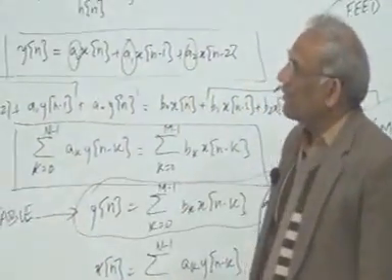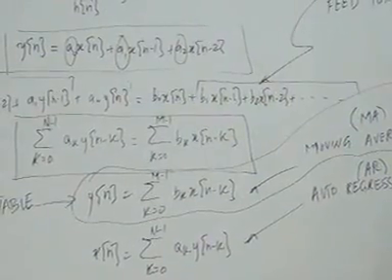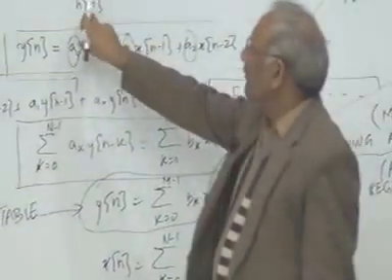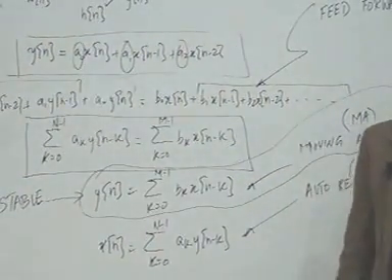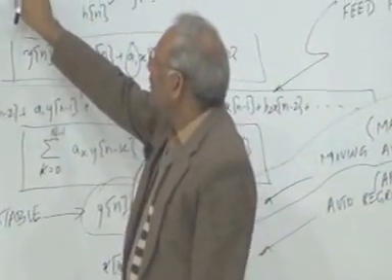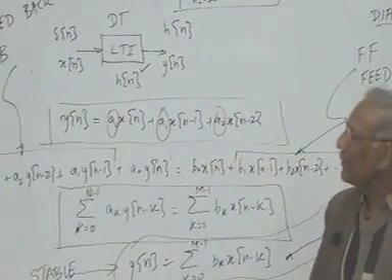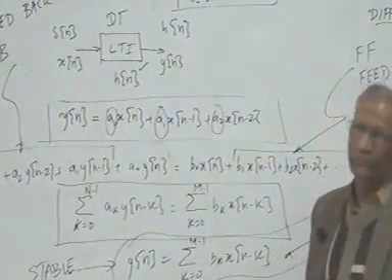The other thing is that if we are given the difference equation of a moving average system, we can find h of n very comfortably. How? If the input is delta n, the output is h of n, right? Now this is an LTI system.